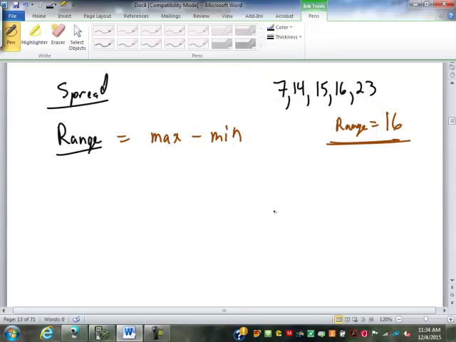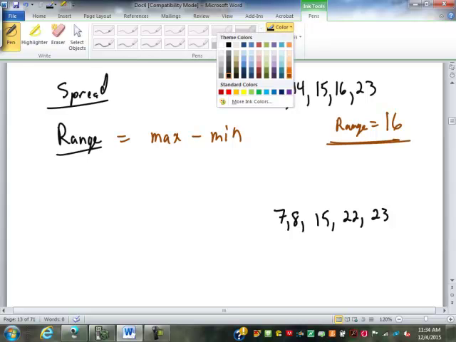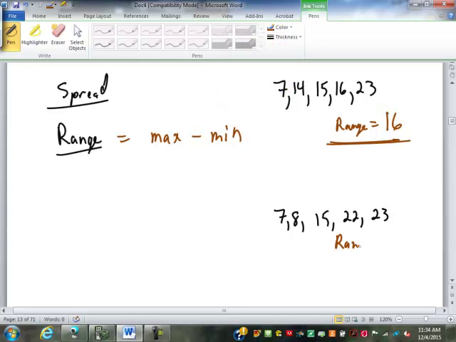Let's create another set of data. What's the range of that set of data? Still 16. They have the exact same minimum and maximum. They both go from 7 to 23.